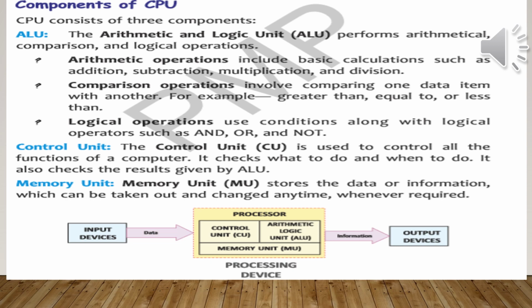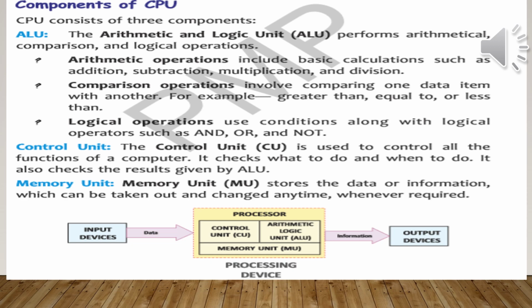In arithmetic operation, it solves calculation based data like addition, subtraction, multiplication, division, etc. In the next part, if as a user we send data that needs comparison like greater than, less than, equal to, less than or equal to, or whatever type of comparisons on the data we want, that will also be done by the ALU part of CPU.